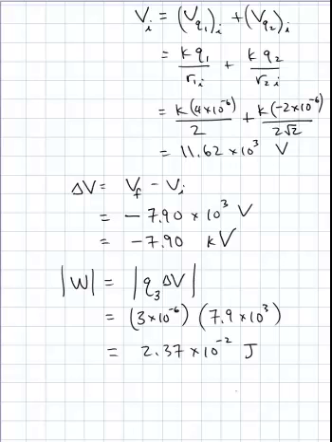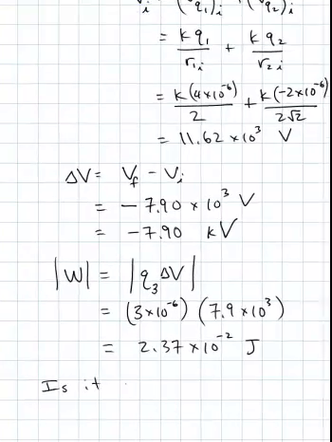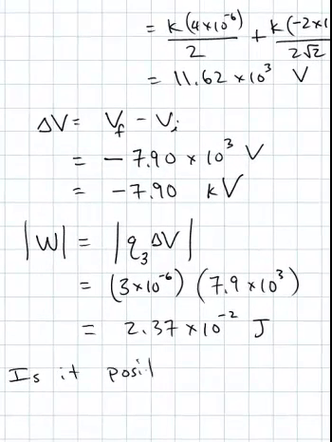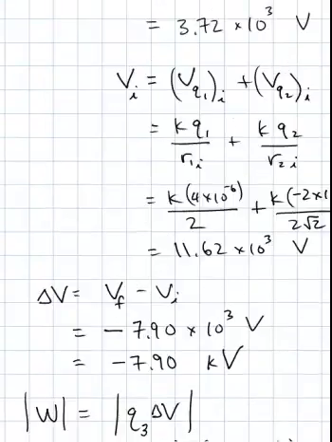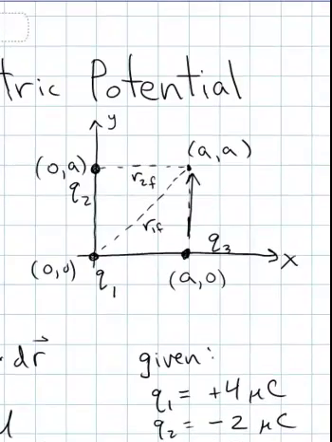And now we need to figure out what the sign is. Is it positive or negative? The first thing we can do is think through this. Let's look at our diagram.